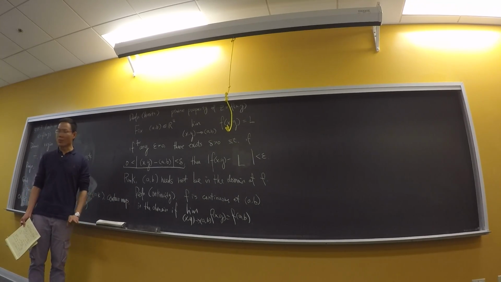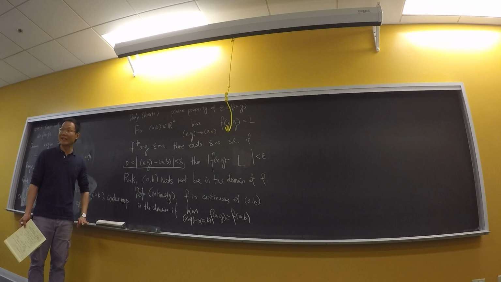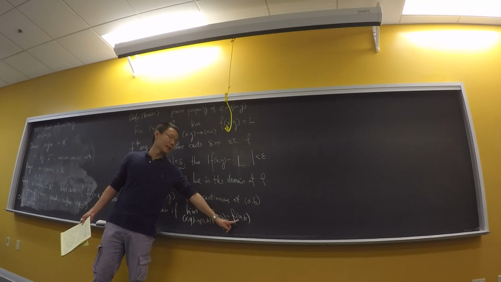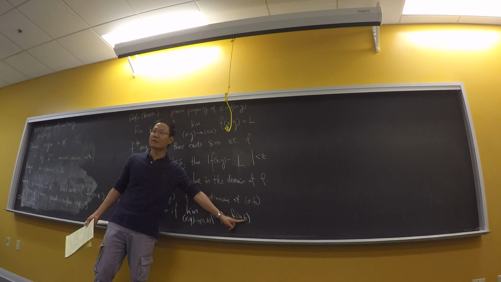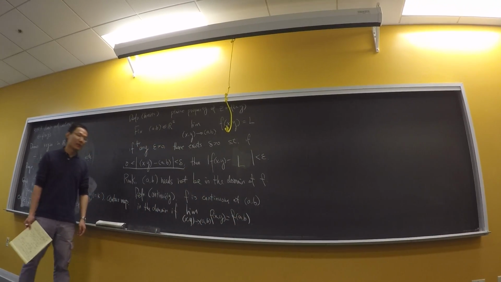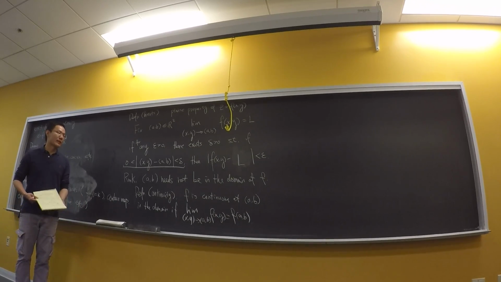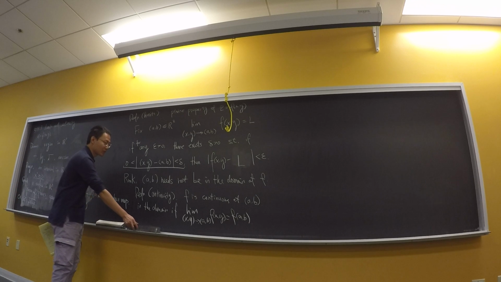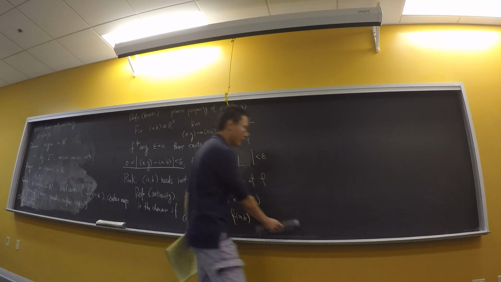Here I do have to require this fixed point AB to be in the domain, because in this definition I actually did evaluation at this point. All right, so I have to require this AB to be in the domain. So the continuous property is a pointwise property. You can ask a function is continuous or not at fixed point.